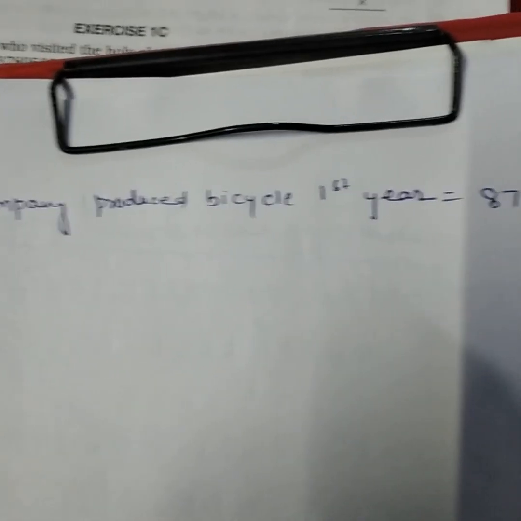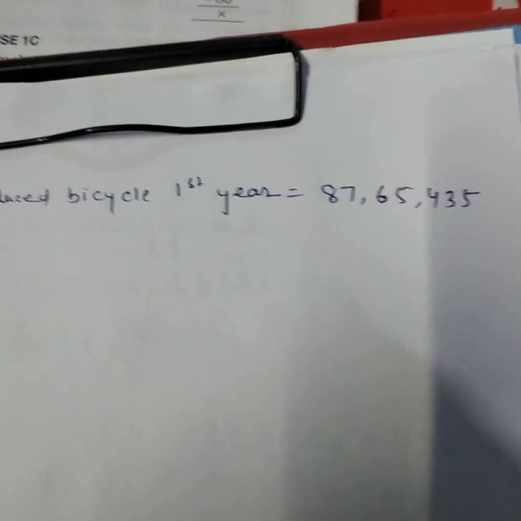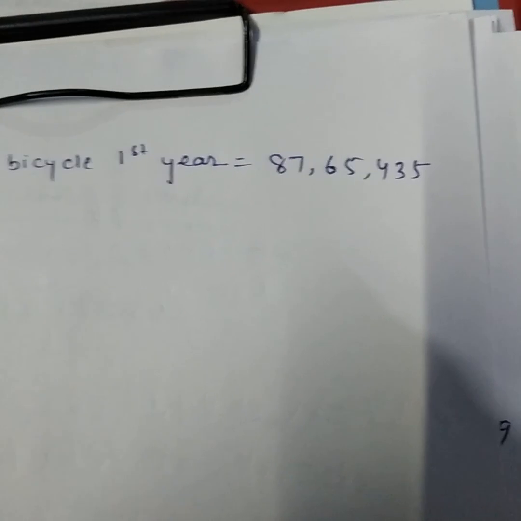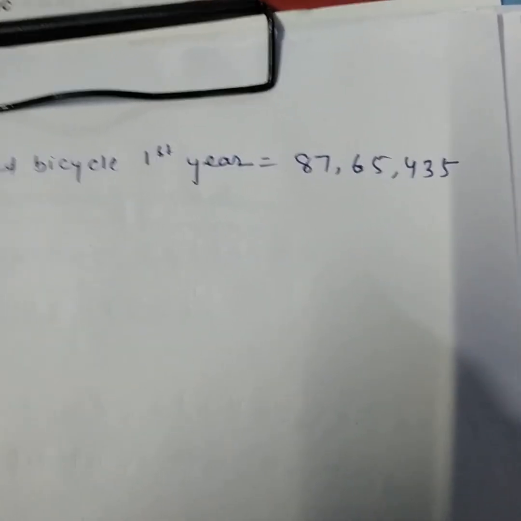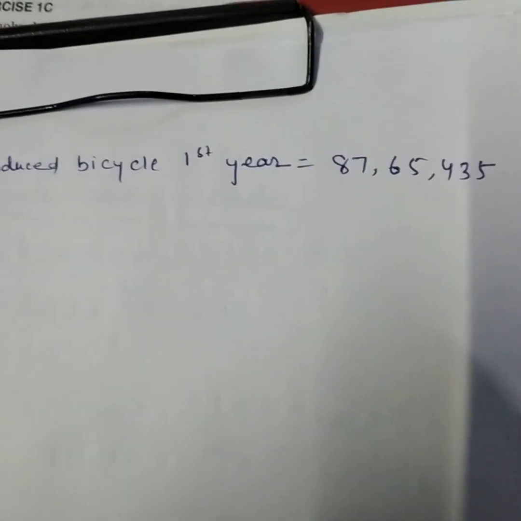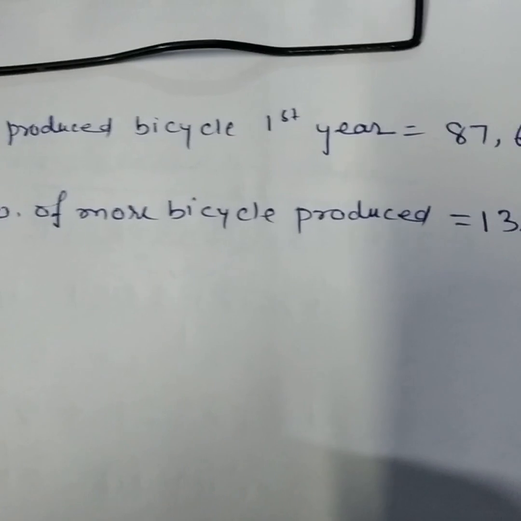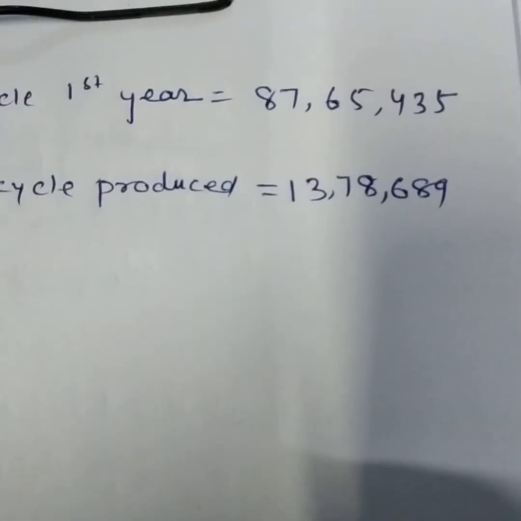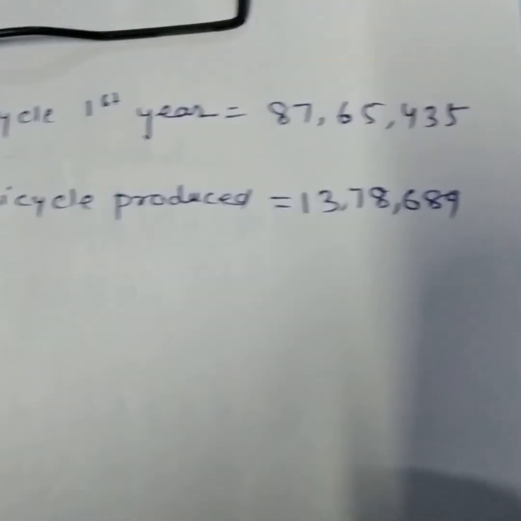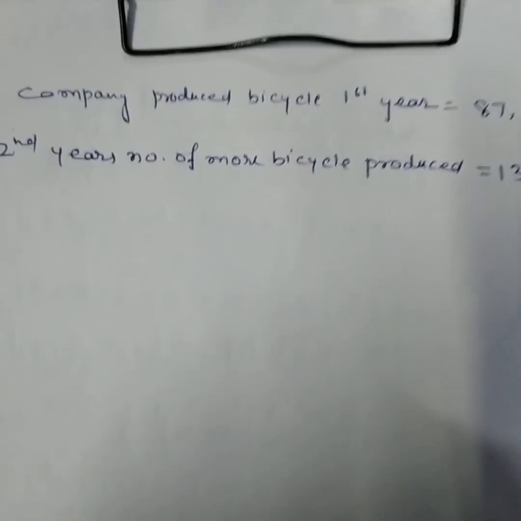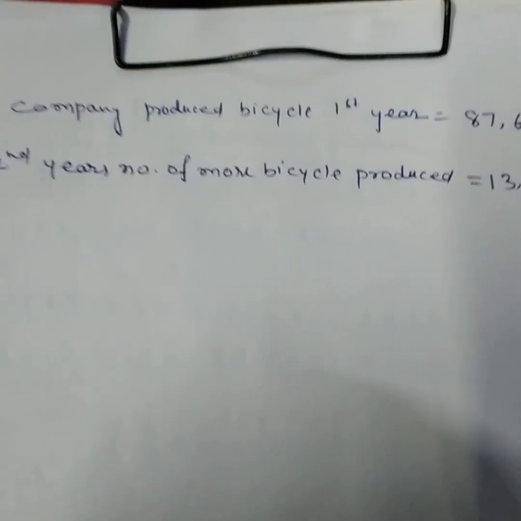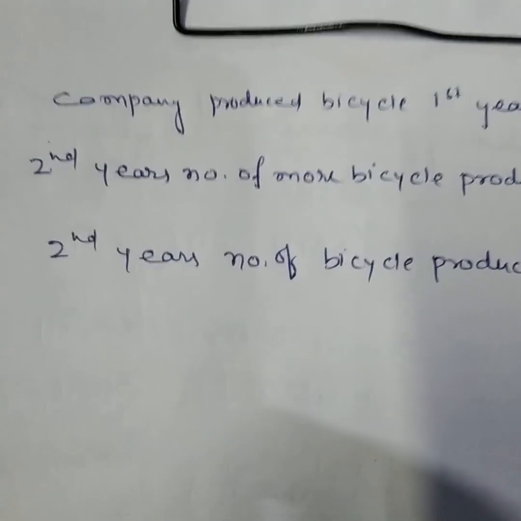The company produced bicycles in the first year equal to 87,65,435. Then in the second year, the number of additional bicycles produced equal to 13,78,689. Means now we have to find out how many bicycles were produced in the second year.